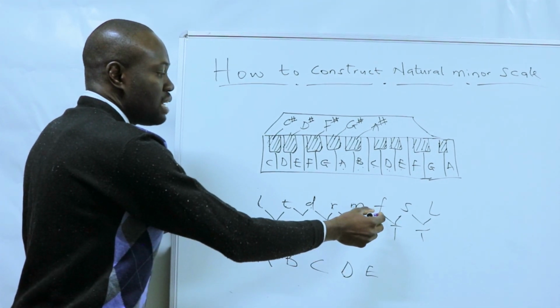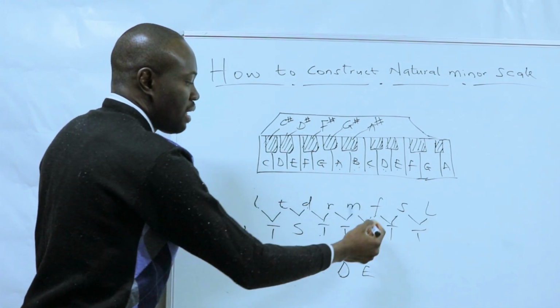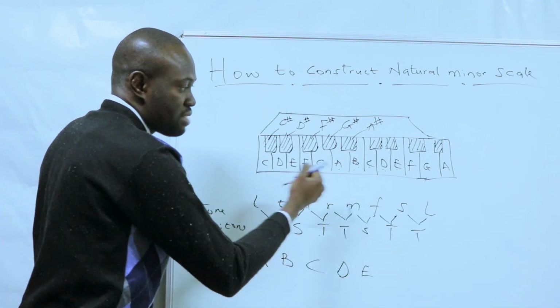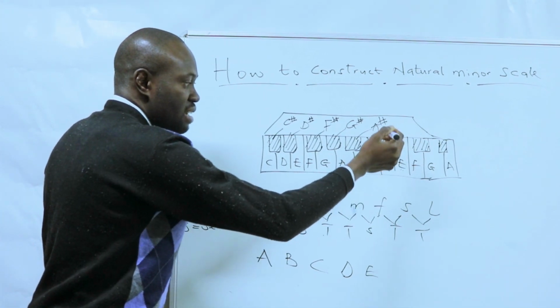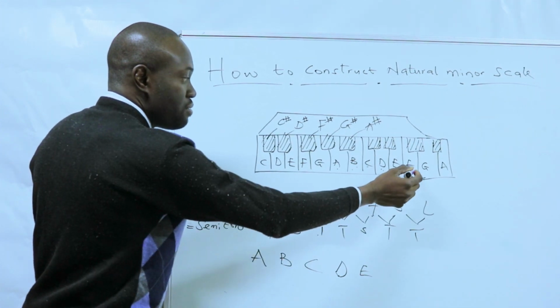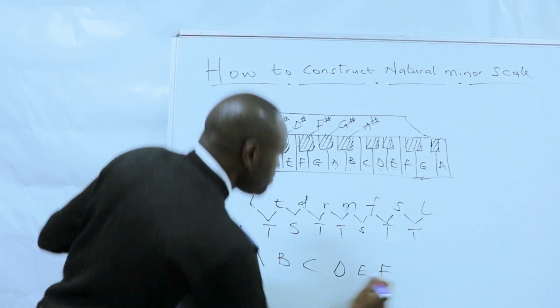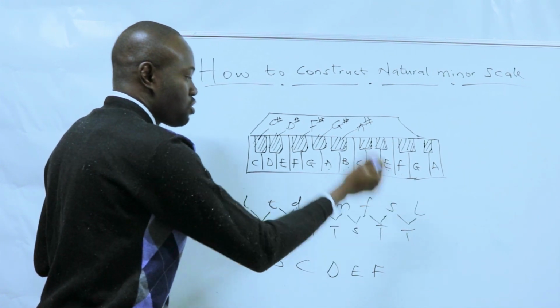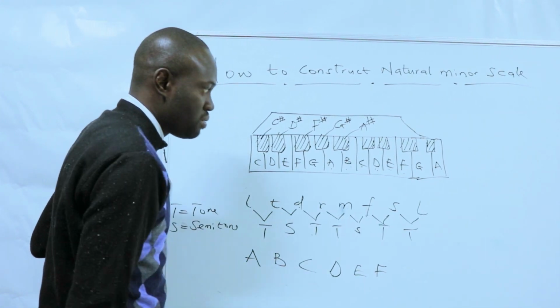Then the next note we need is a Fa, and that's a semitone distance after Mi. Since Mi is E, we need the note that gives us a semitone after E, and that's invariably an F. Then we need our Sol. Between Fa and Sol is a tone.